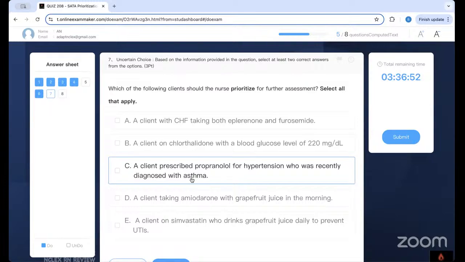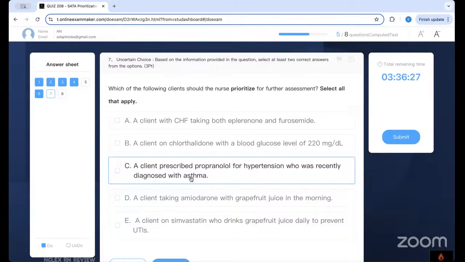And the last two: which of the following should the nurse prioritize for further assessment? That means we've got to assess them again. A CHF patient is taking what? Eplerenone and furosemide. You have to recognize those medications. Chlorthalidone and your glucose is 220, right? You take propranolol and you have asthma, right?